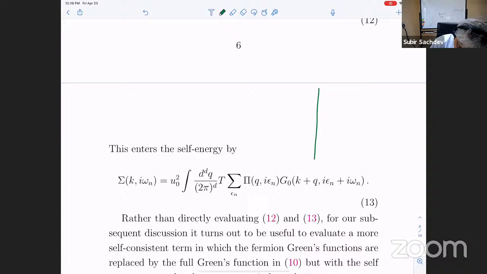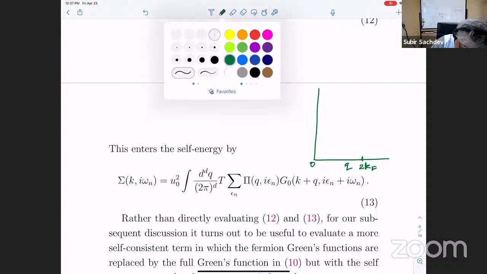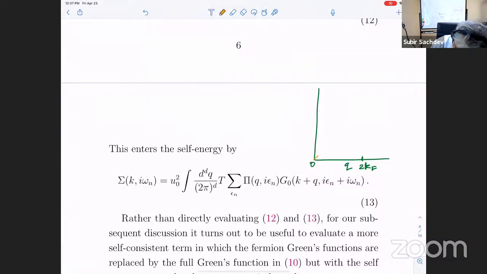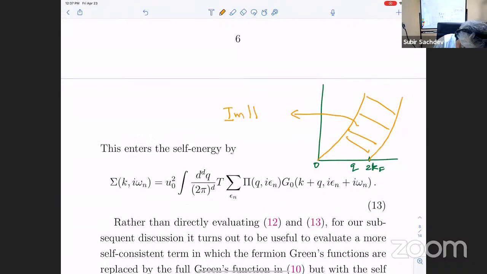But here, just to remind you, this is something we talked about. This is Q, going from 0 to 2 KF, something like this. Then we had this particle-hole continuum that hopefully you remember, where in this region we had the imaginary part of pi of omega, Q not equal to 0.